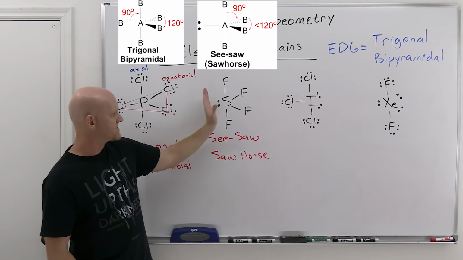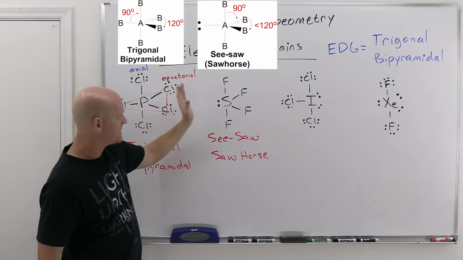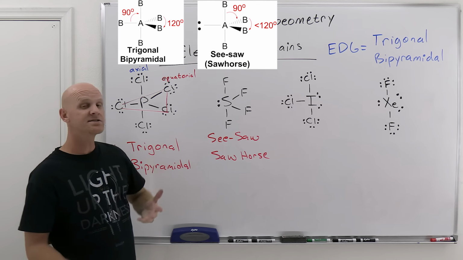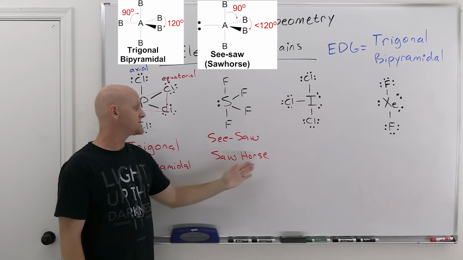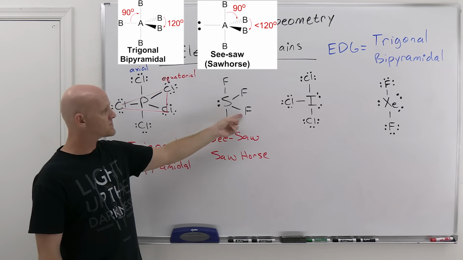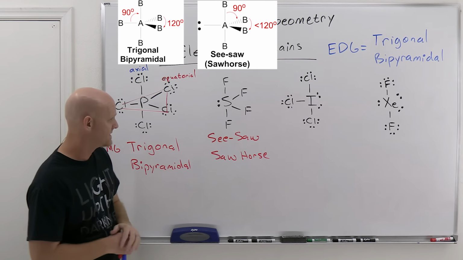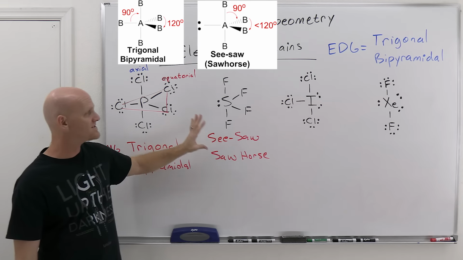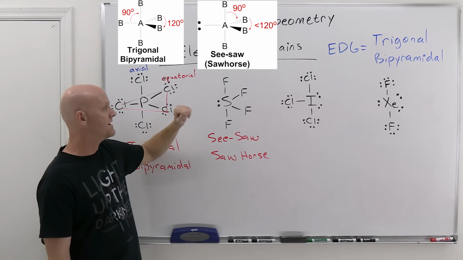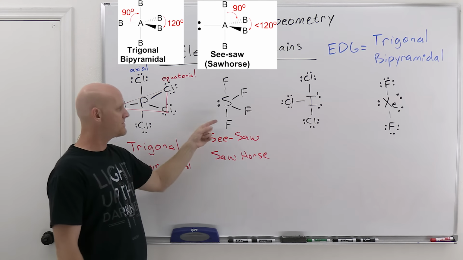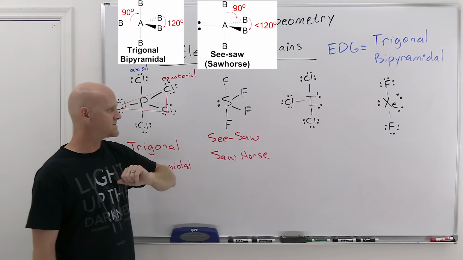You could envision it turning sideways with one kid on this end and one kid on this end, teeter-tottering back and forth like a seesaw. Or it's a sawhorse, a tabletop surface with a couple of legs, although most of the sawhorses I deal with have 2 sets of legs, but whatever. That is the molecular geometry associated with having 5 total domains, but 4 are bonding and 1 is non-bonding.